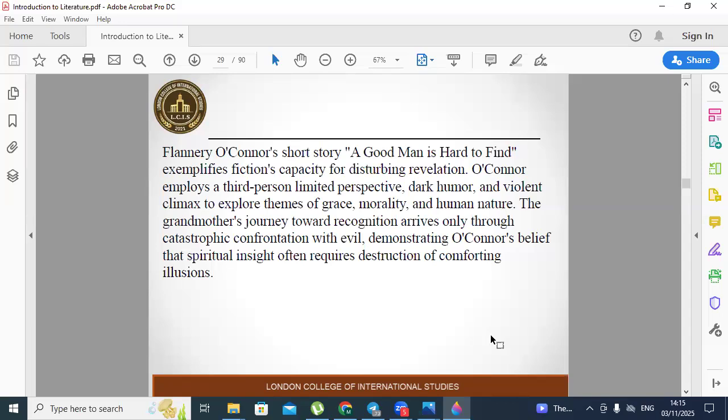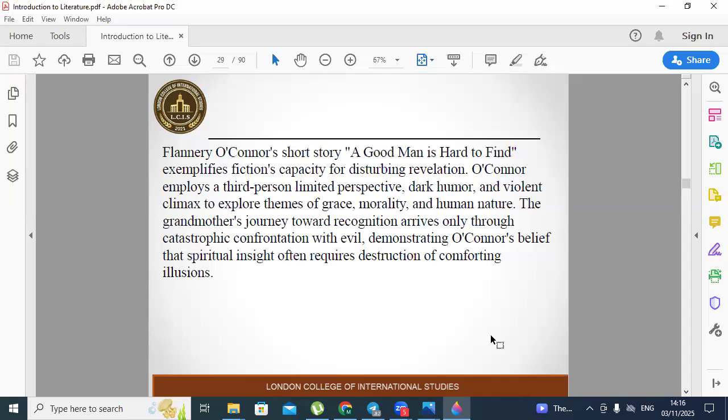Flannery O'Connor. Flannery O'Connor's short story, "A Good Man is Hard to Find," exemplifies fiction's capacity for disturbing revelation. O'Connor was a Southern Catholic writer known for her dark, violent stories exploring spiritual themes.